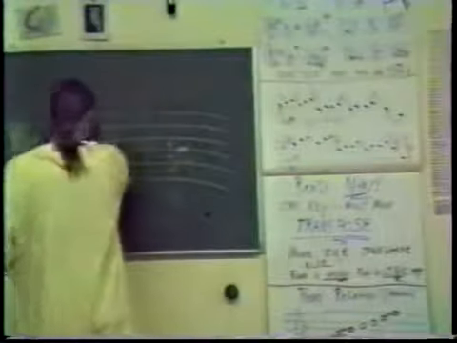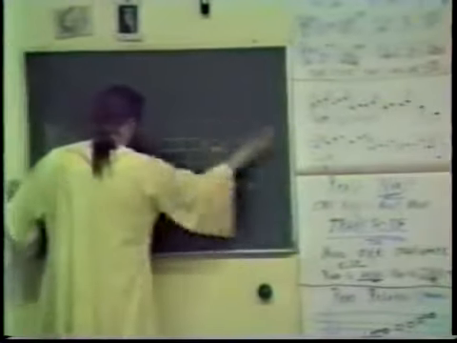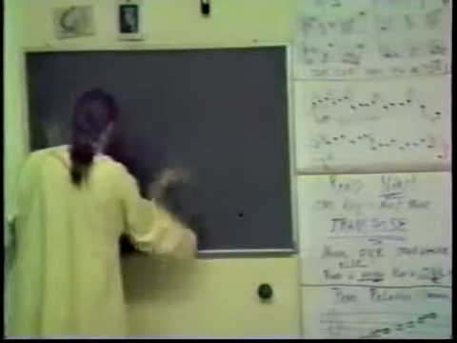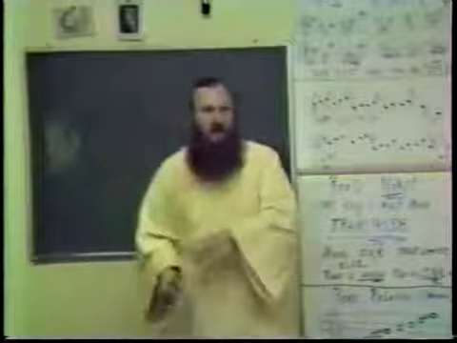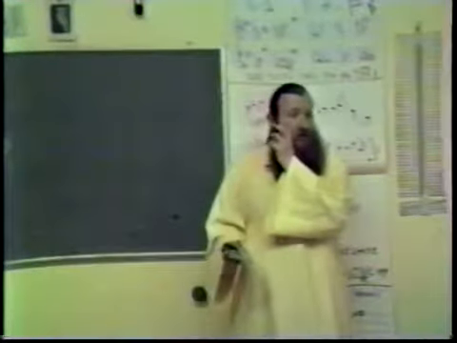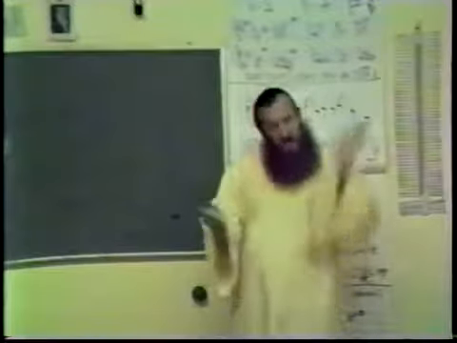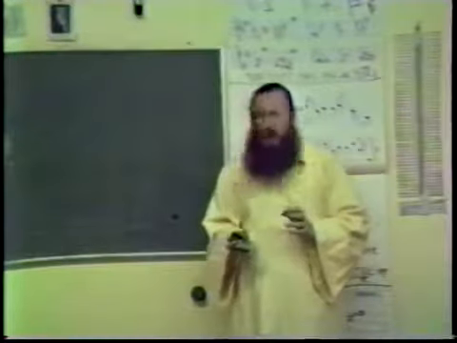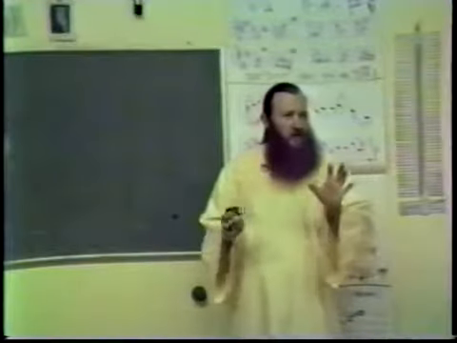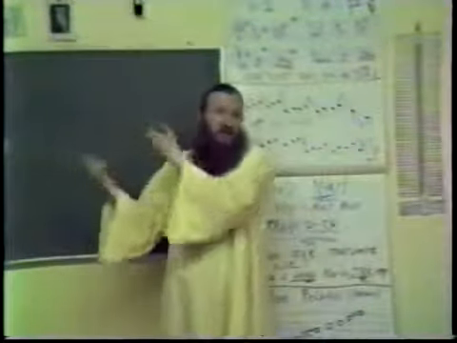And that's it. The thing about using keys and writing in keys is once you figure out where 1 is in the key, you can forget about all the sharps and flats that are in the key. They're occurring normally, so you just don't have to notate them. And through the music, they will not notate them. Where the sharps and flats are occurring within the key, they just don't notate them.